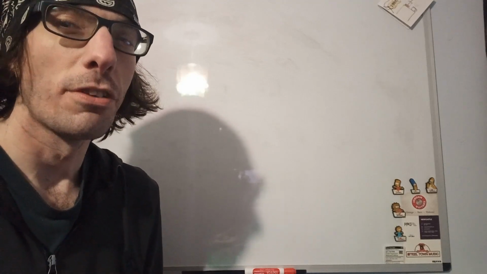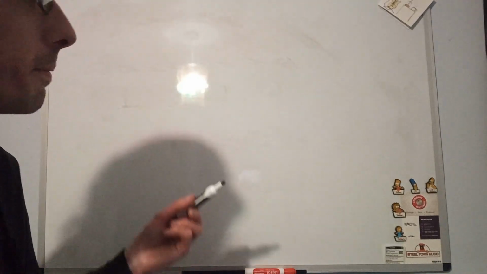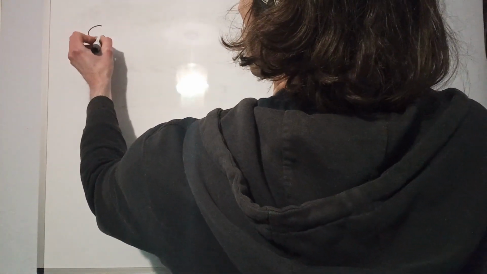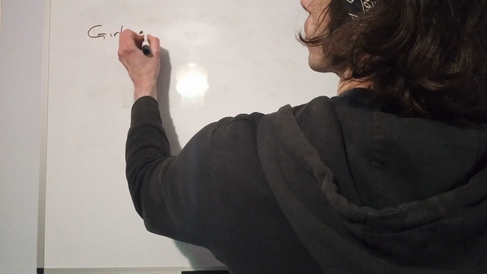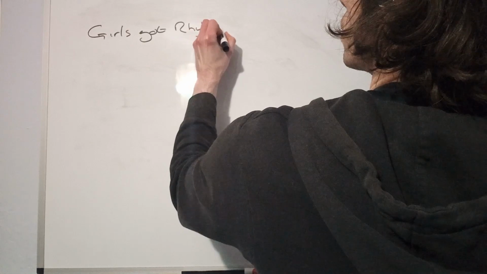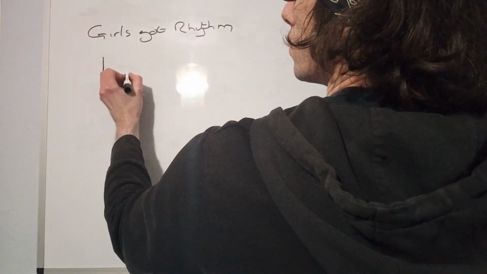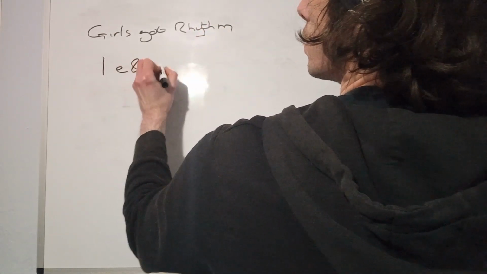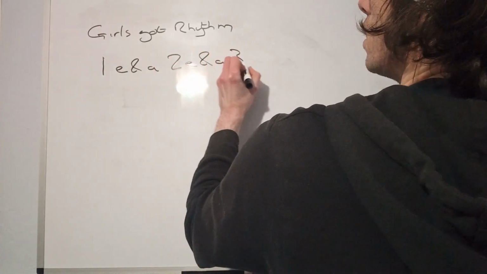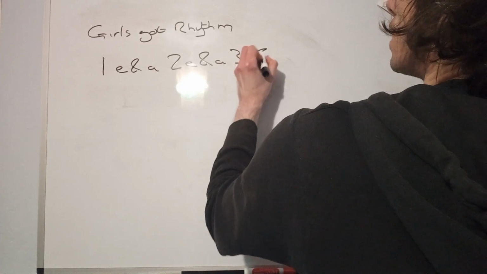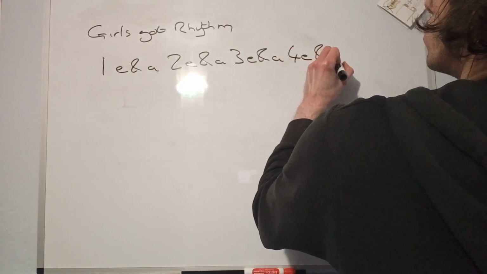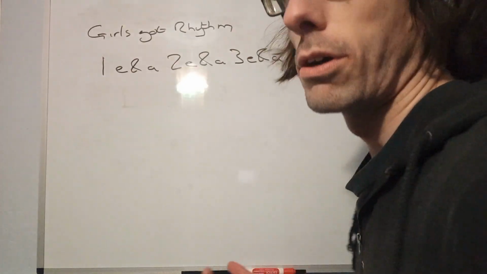AC/DC are very famous for it in particular, so what we're doing there, if we type out Girls Got Rhythm: there's 1 there on D and 2 E and 3 E and 4 E, and that is a great way of phonetically doing that. Very similar to the conical.